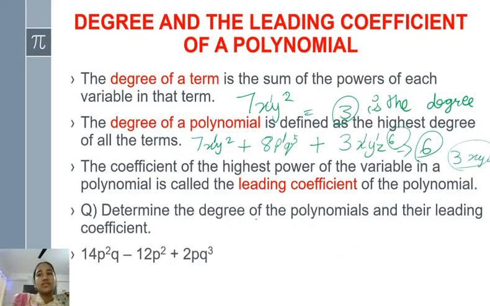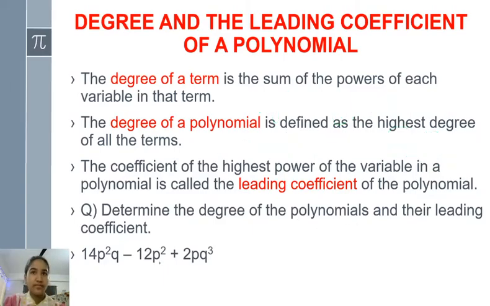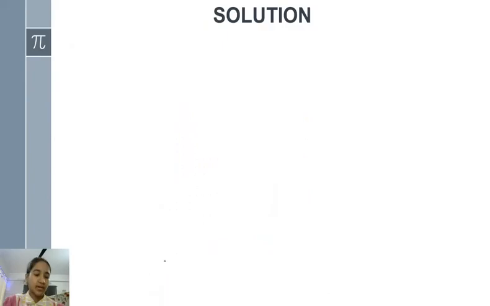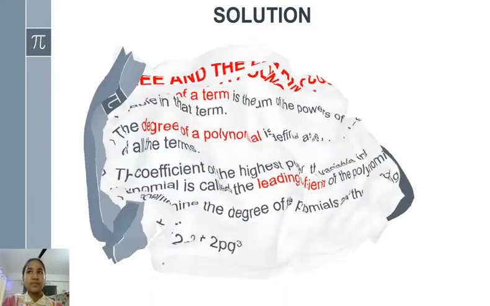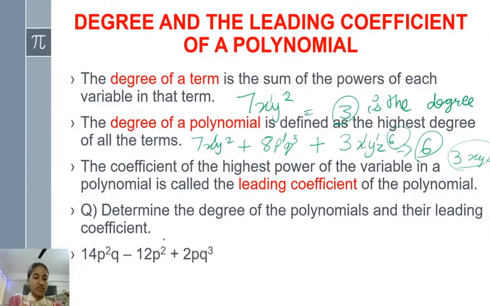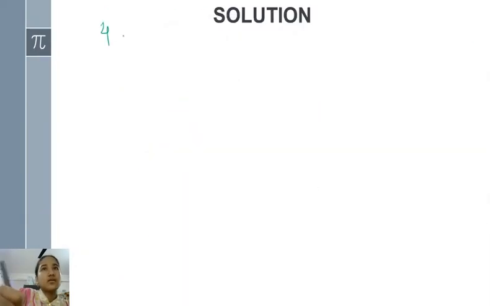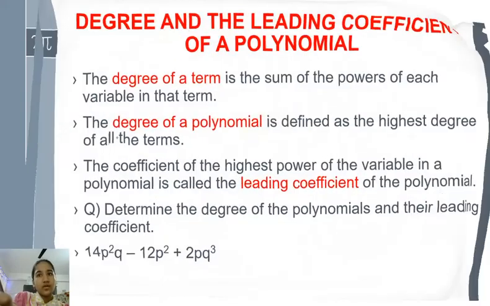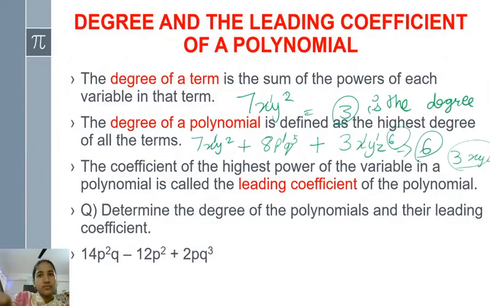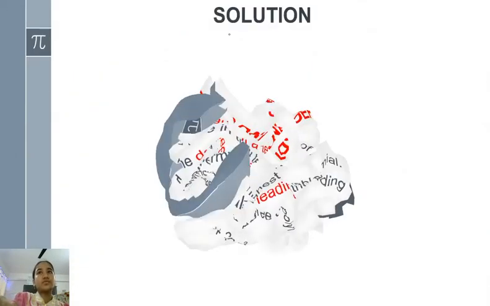Next, determine the degree of polynomials and their leading coefficient. We'll be doing this. Basically, we'll have to look at what the question is: 14p square cube minus 12p square plus 2p cube.